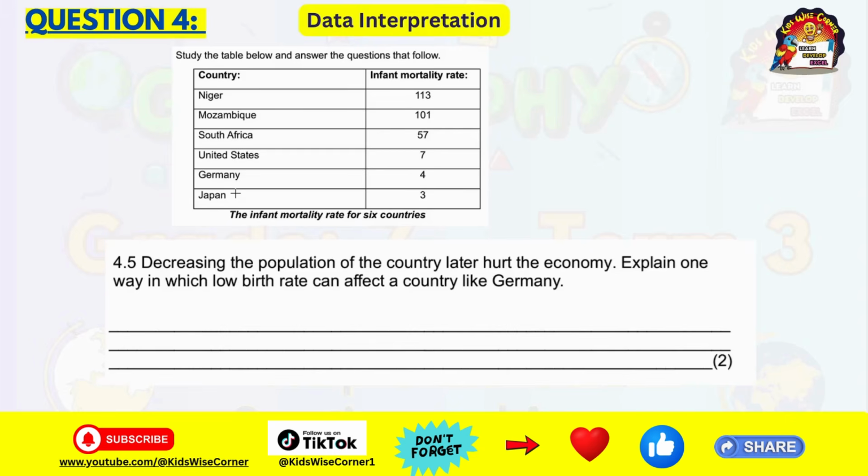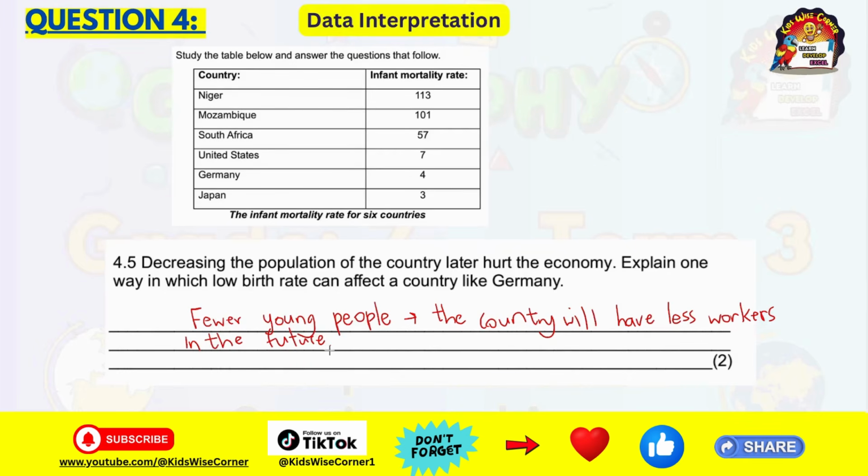So with fewer young people, the country will have less workers in the future, which can hurt the economy and affect the economy.